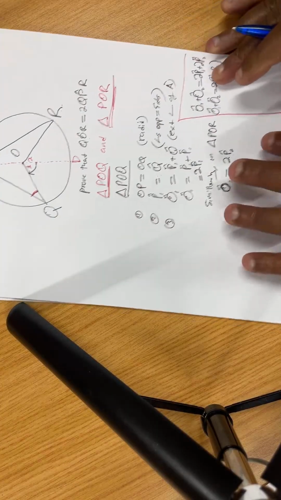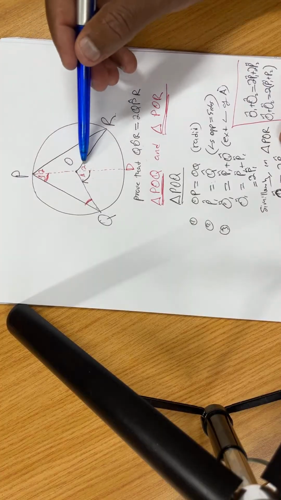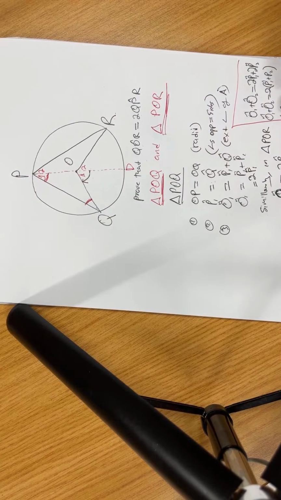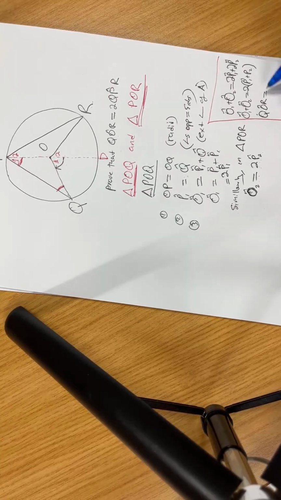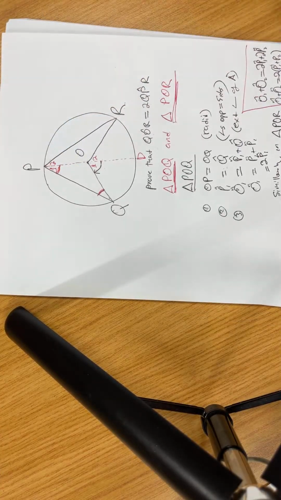Going back to our diagram, O1 plus O2 is angle QOR. And 2 multiplied by P1 plus P2 is angle QPR.